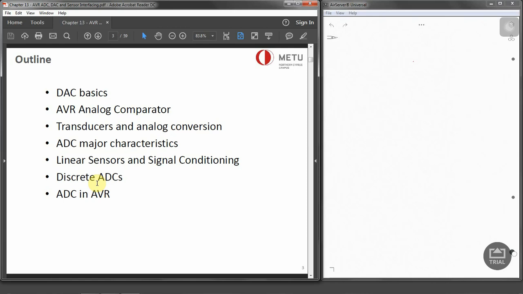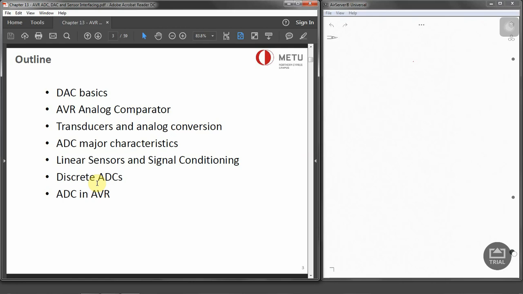The major characteristics of analog to digital conversion, the parameters we need to consider if we want to configure embedded systems, the linear sensors and their signal conditioning, the discrete ADC modules and ADC in AVR. So we have registers related to the ADC, and how are we going to configure those to perform this analog to digital conversion.